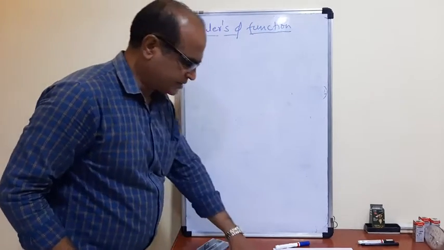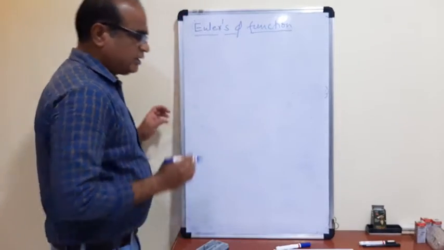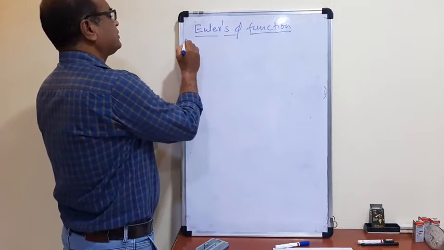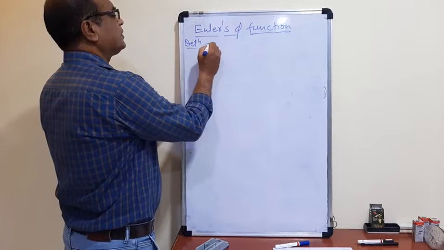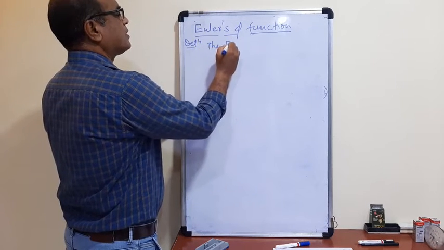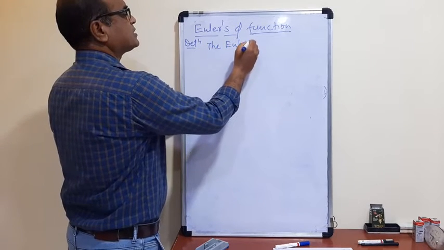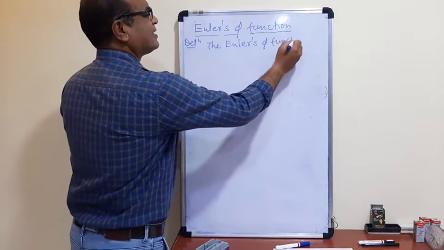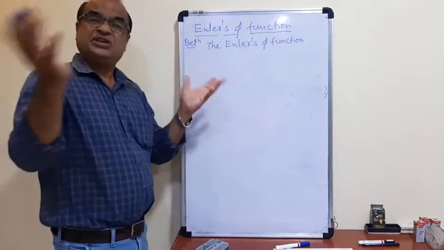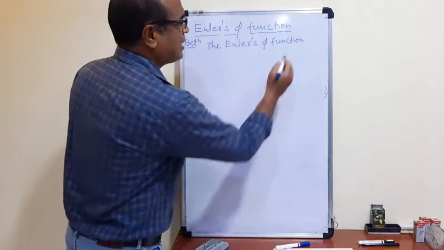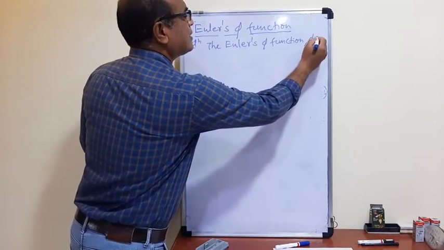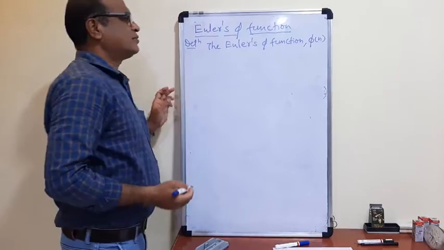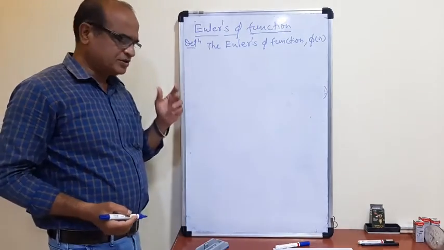Euler's phi function. Okay. The Euler's phi function definition. So we define phi n for any integer. We say that phi n is Euler's function.